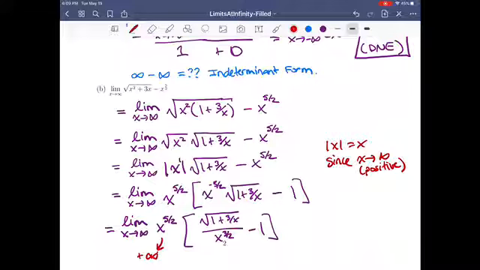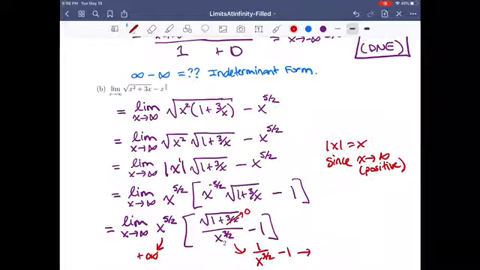The limit of 3/x is going to 0, so the numerator is going to the square root of 1, which is just 1. And when I take a constant divided by a positive power of x, that goes to 0. So this thing in the brackets is going to -1.